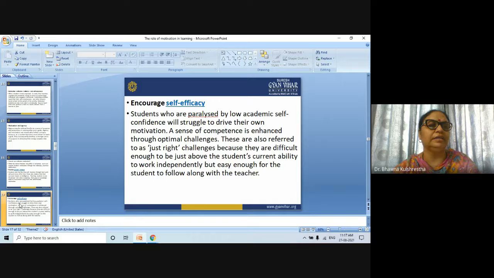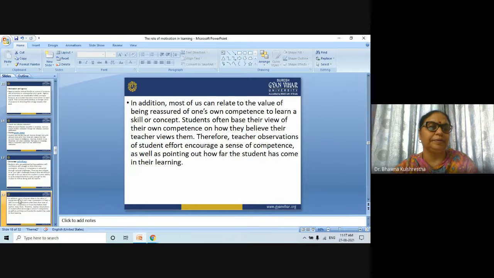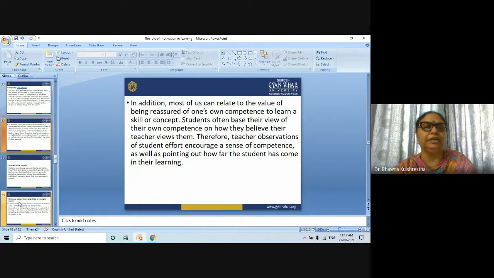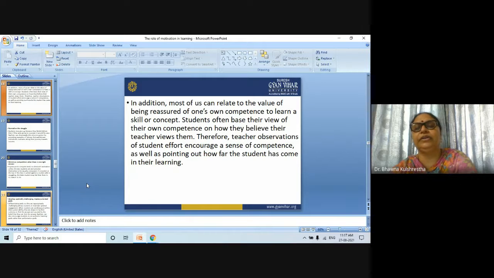And the next is, in addition, most of us can relate to the value of being reassured of one's own competence.